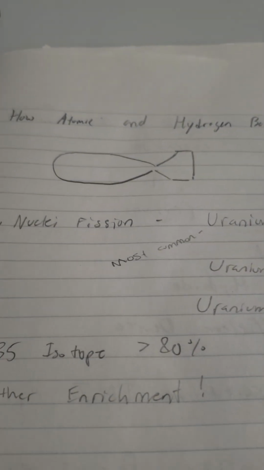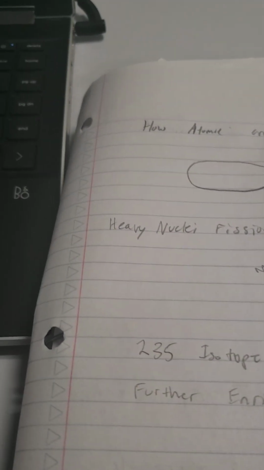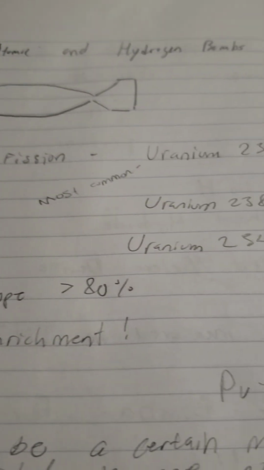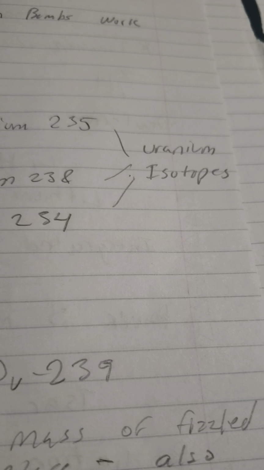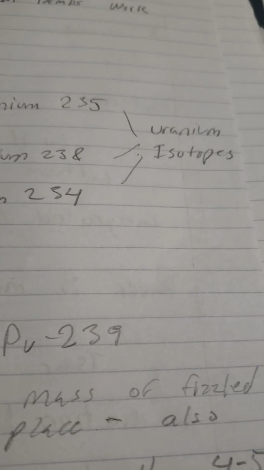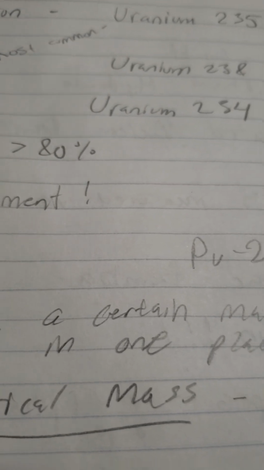By themselves, this isn't going to create an explosion. So there has to be a certain mass of fissile materials concentrated in one place, and this mass is also known as a critical mass.